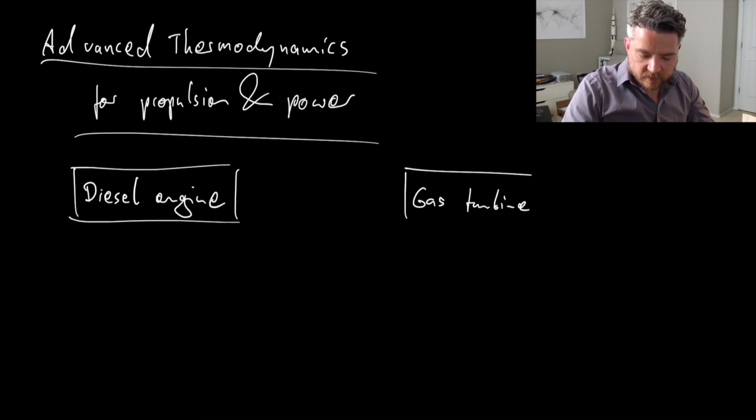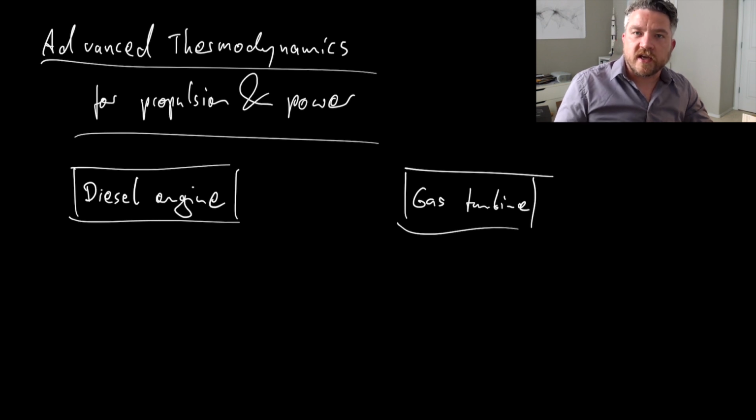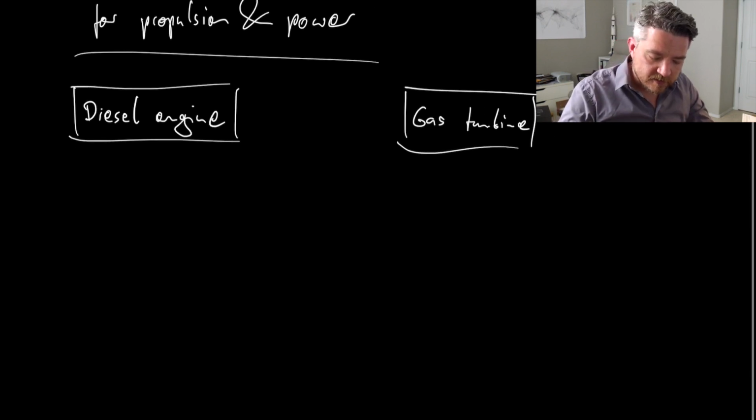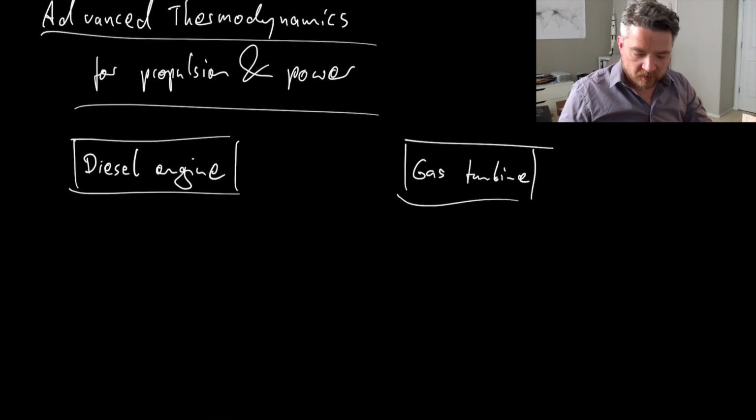Now, we will focus really on fluid properties, fluid behavior. So this will not be about the cycle analysis of these things. But let's talk about how these engines work and what they do.